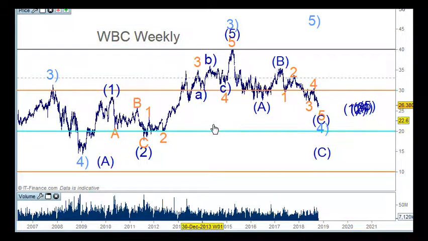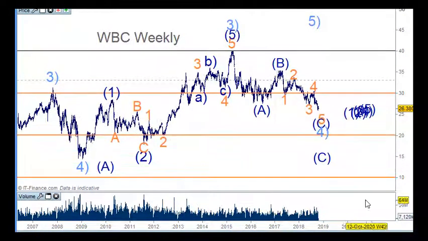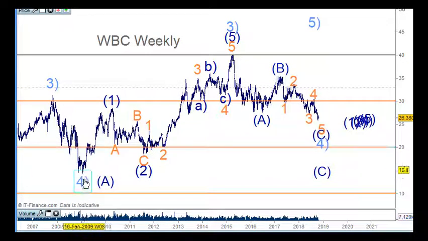So this is WBC on the weekly chart. Sorry, it's a little bit messy, but we'll get through this. The move up through here we're counting as 5 waves, 1, 2 and 3 here, coming up into the space here.